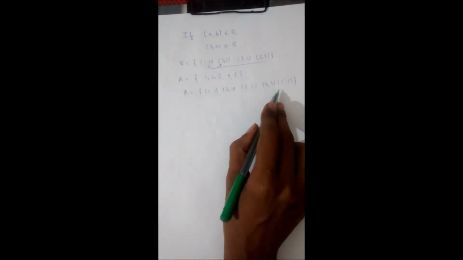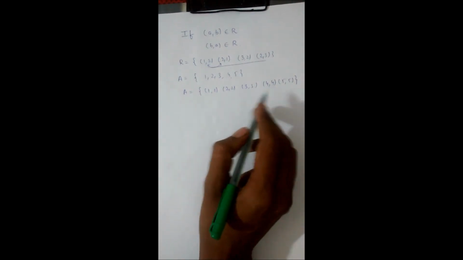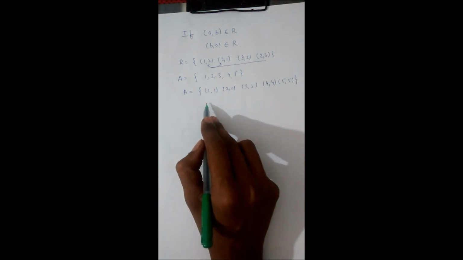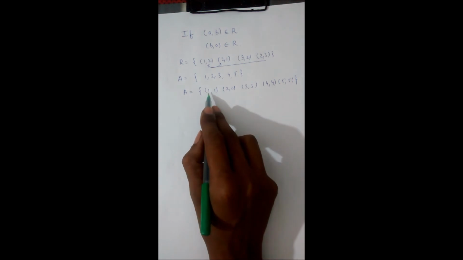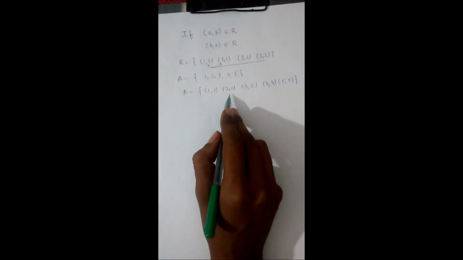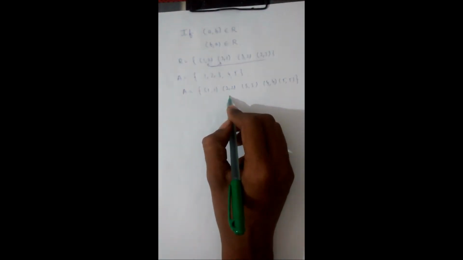Clearly this is reflexive, no doubt, because the regular pairs (1,1), (2,2), (3,3), (4,4), (5,5) are there. Is this symmetric? Of course it is symmetric, because the symmetric pair for (1,1) is (1,1) itself. Clear? So this is reflexive as well as symmetric.